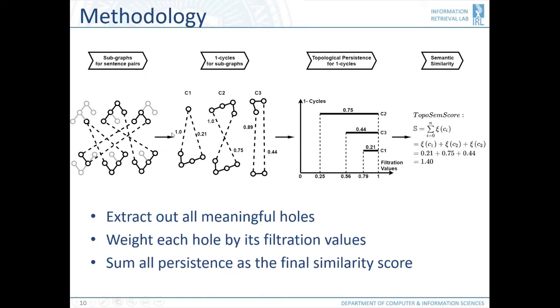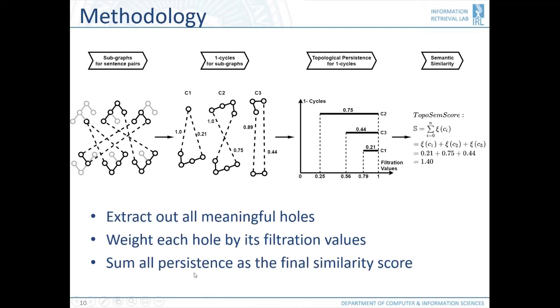Like this one, we have 1.0 similarity between this node and this node, and 0.21 between this node and this node. So we use 0.21 as the weight of this hole, circle 1. After we weight all the circles, we have this diagram or barcode picture.